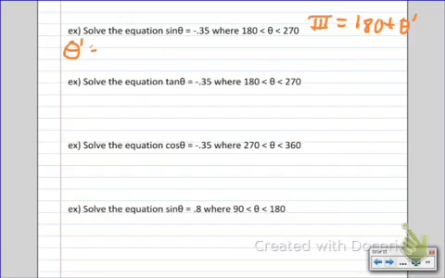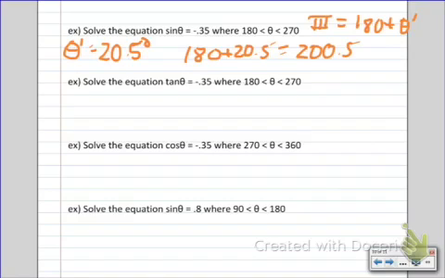In my calculator, I put in 0.35, second sine, and it gives me about 20.5 degrees. Then I take 180 plus 20.5 and I get 200.5 degrees. I knew it was in quadrant 3 because they told me between 180 and 270.